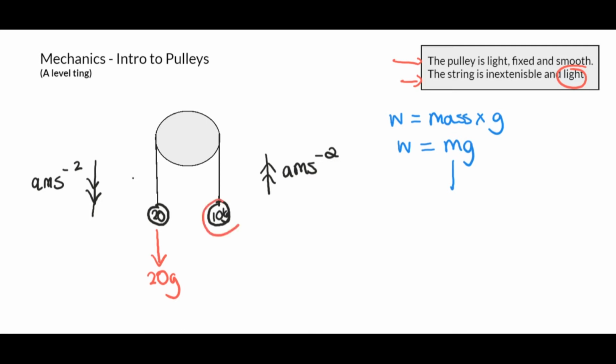Now, this 10 kg here also has a mass of 10, so we're also going to times that by gravity and say, yo, this is also going down 10g. Listen, I hope you're okay with what I'm doing so far, yeah? So you always do this, yeah? You look at the particle, wherever this thing is, it's got 20 kg, therefore it's going down 20 times g. This one's 10 kg, therefore it's going down 10g. You get me? That's all you do.